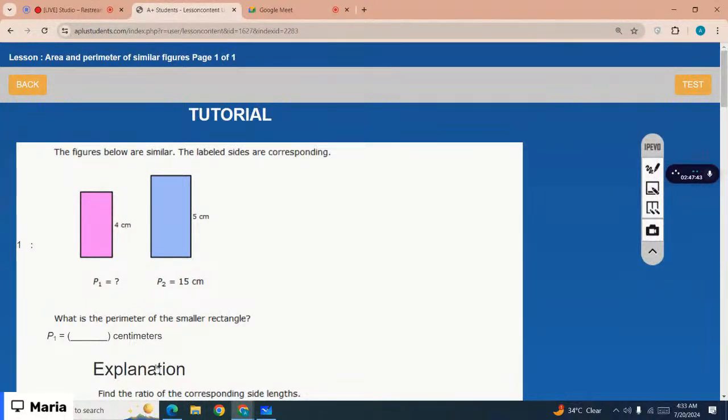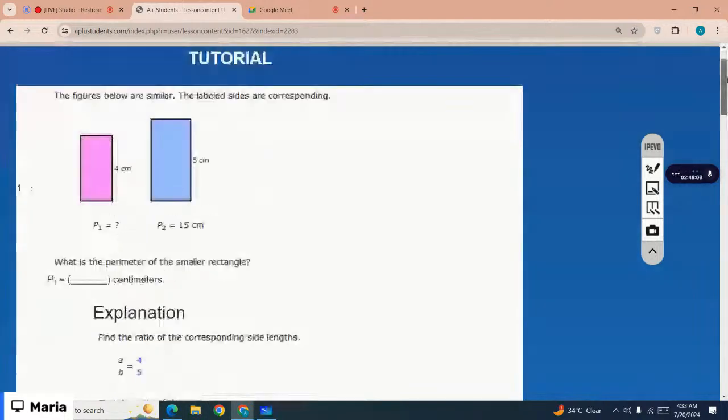So you have to calculate the perimeter of the smaller rectangle. So you need to make the ratios of the corresponding sides, right? And then you have to simplify them.